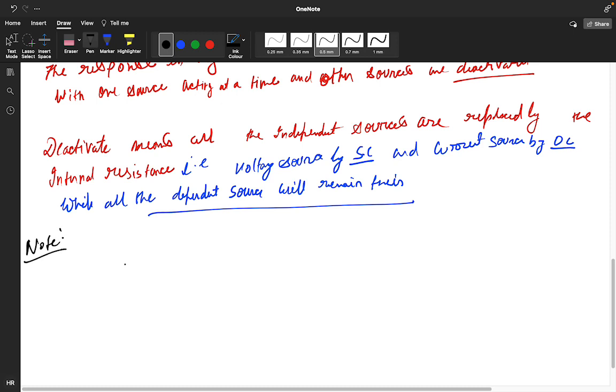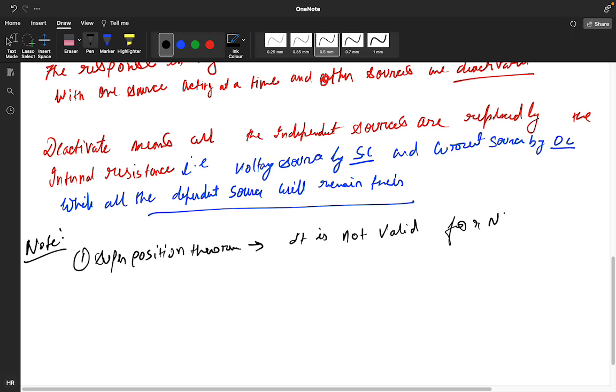Superposition is not valid for network containing non-linear elements. Superposition theorem is not valid for network containing non-linear elements. Non-linear elements means like diodes.